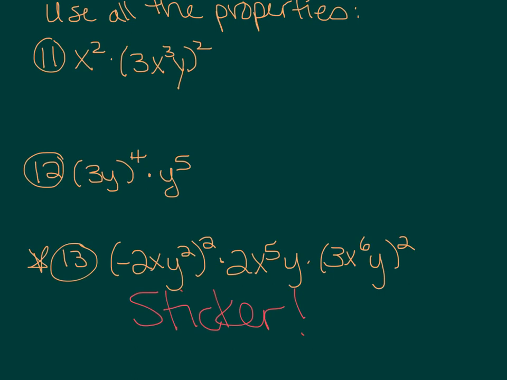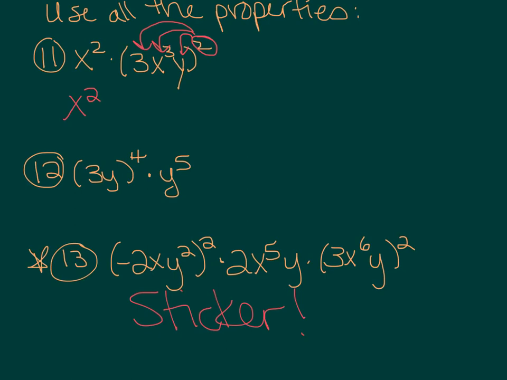For number 11, there's a few things that you can start with. But the first thing I want you to notice is that this 2 goes with all the stuff in these parentheses. So I am going to keep the x squared the way it is. I'm not going to touch it.